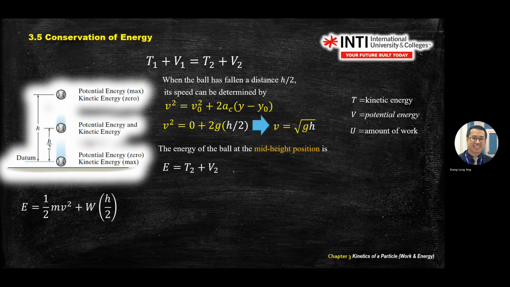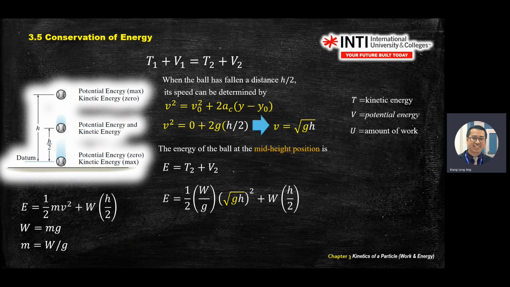So your energy at the middle point will be half mv squared plus mgh. Your h now is half, right? So you substitute the value here, half mg squared. The m you can find from the weight divided by gravity. This slide just shows you that sometimes questions do not directly give you the mass of the object. They straight away give you the weight of the object. Look carefully. Mass is in kilograms.